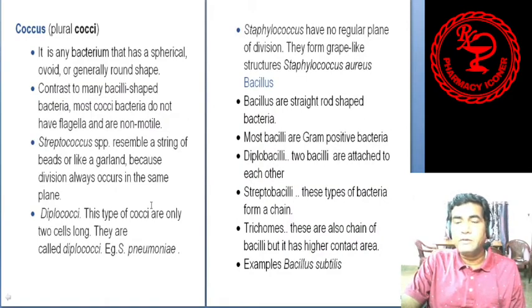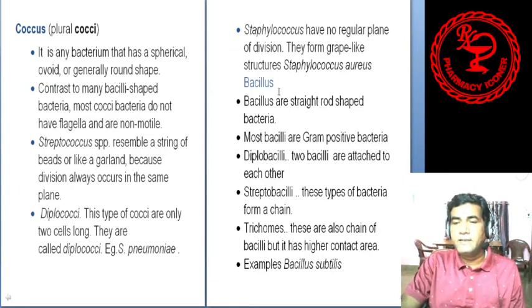Remember, spherical, oval, or round shaped. They do not have flagella. They are non-motile, and they can exist as two cells like diplococci, or like a chain of cells, called streptococci, or like a branch of grapes, called staphylococcus.